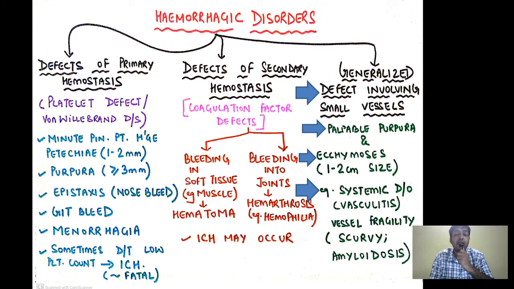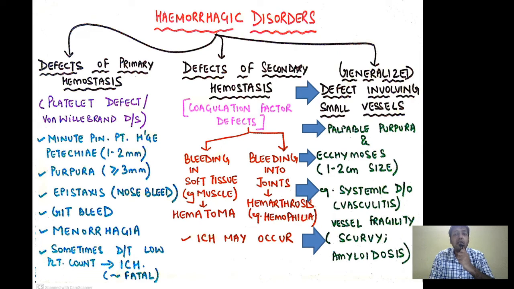For example, we are having vasculitis. Vasculitis is what? Inflammation of the vessel. So there is a systemic inflammation of the blood vessels. Secondly, we can have vessel fragility. For example, in cases of scurvy and amyloidosis, wherein the blood vessel wall, because of defects in the abnormal protein or defects in collagen, the vessel wall is fragile and can lead to bleeding.